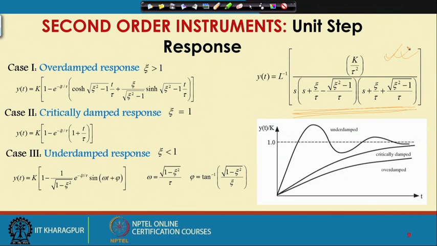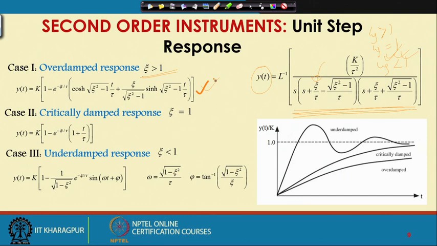When you take the inverse of this, depending on the value of zeta, we can have 3 different types of responses, or y(t) will have 3 different types of expressions. Zeta can be greater than 1, equal to 1, or less than 1. When zeta is greater than 1, we get this expression, known as overdamped response.